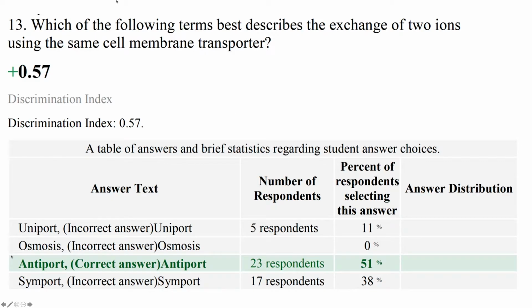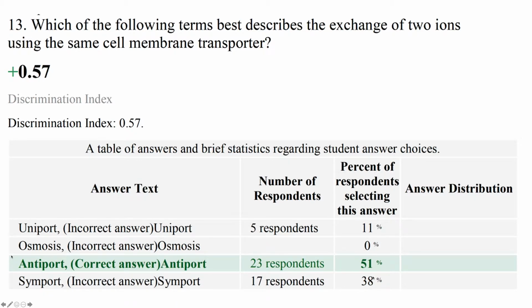We have a question that says, which of the following terms best describes the exchange of two ions using the same cell membrane transporter? This is a question that is looking for definitions. Notice that we receive the percentage of respondents that selected the items.